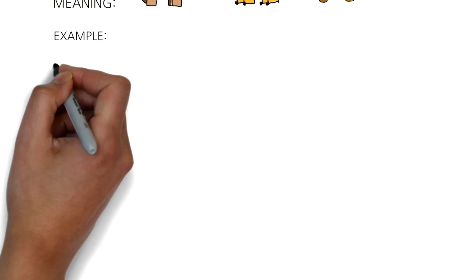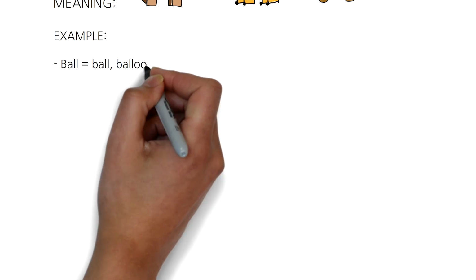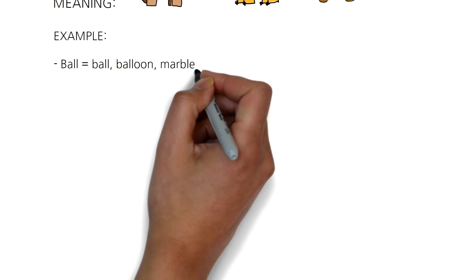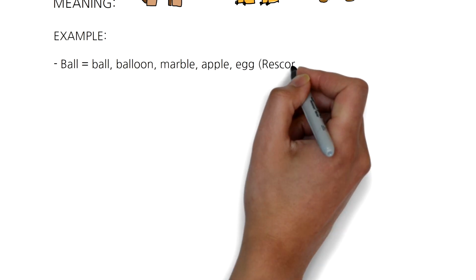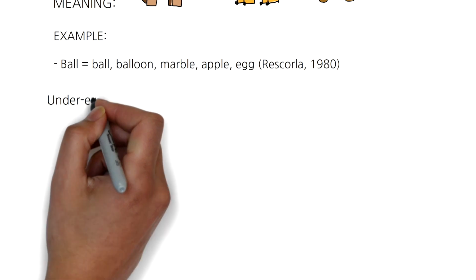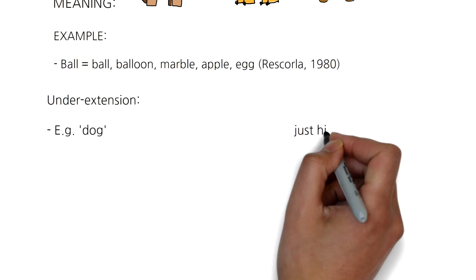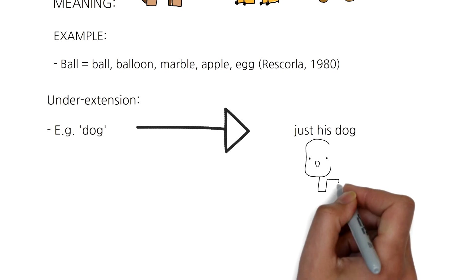Another example of a young child's overextensions of word meanings includes the word ball, which could refer to ball, balloon, marble, apple, egg. The list goes on and on. Getting the right meaning often is seen as an underextension for infants, which is where a dog, for example, could refer to just his dog.